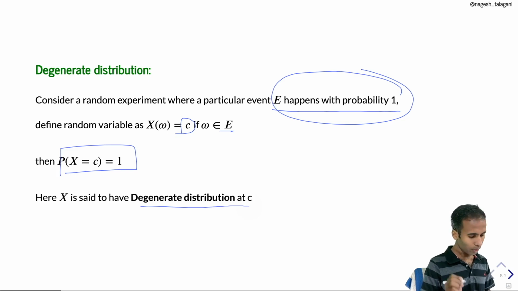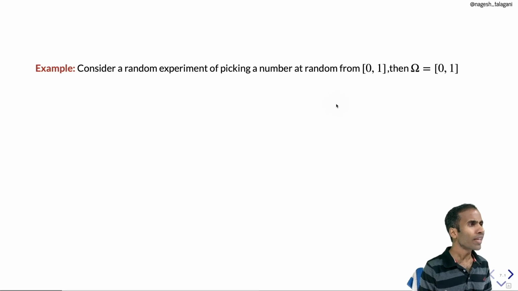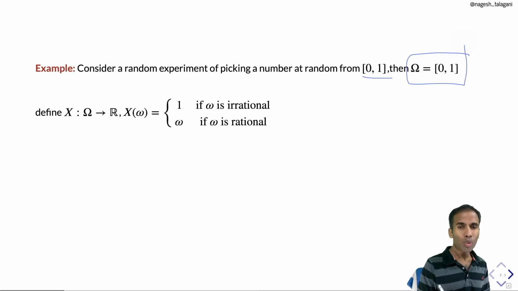Let's look at an example here. Consider a random experiment of picking a number from the interval [0, 1]. Here the sample space omega is the interval [0, 1]. Define a random variable which quantifies every irrational number to 1 and every rational number to itself. That is, X(omega) is 1 if omega is irrational, and omega if omega is rational.